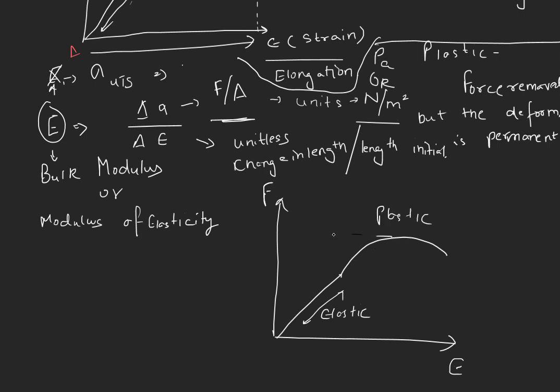Every point is the same. This is C, this is B, this is D. The only difference is this point is force at UTS. This is not equal to stress at UTS.